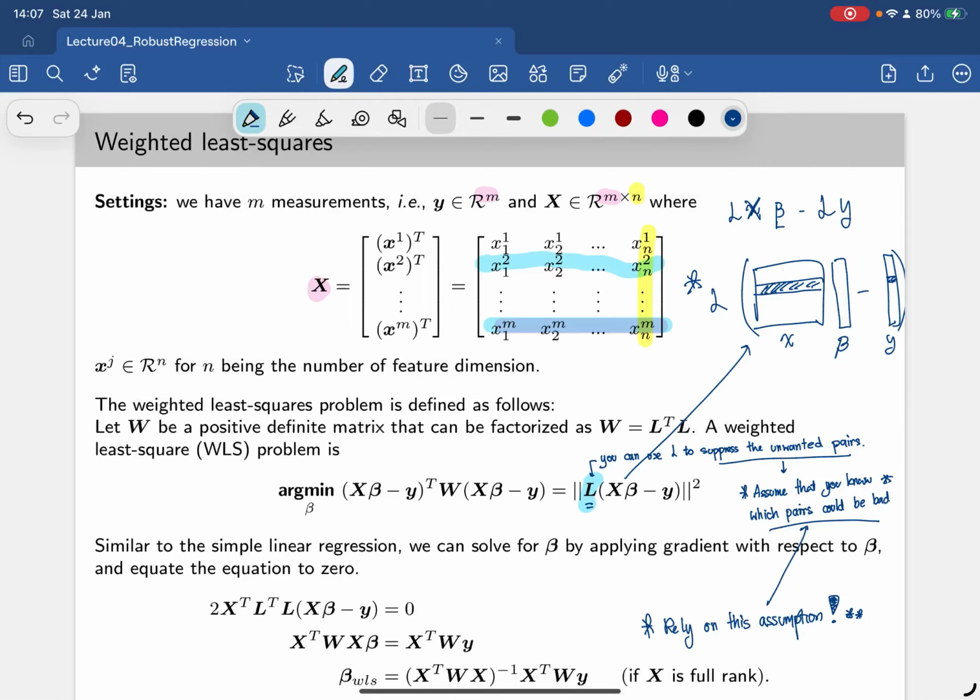And if L is diagonal, we just assume a simple case. But in this algorithm, the weighted least square, we assume that L is known. We sometimes use the word preset to refer to the fact that it's kind of like you estimated it before.